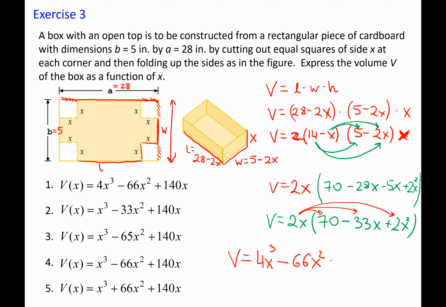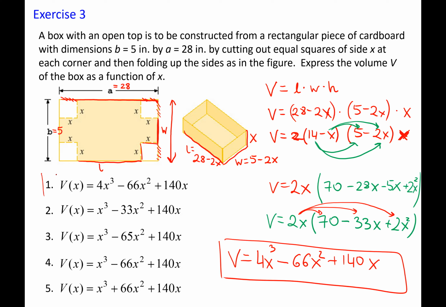And 2 times 70, 140x. Excellent. This is the volume in terms of x, and one of the options looks like my solution. That means we were creating a function, a model, that represents the volume of the box as a function of x.